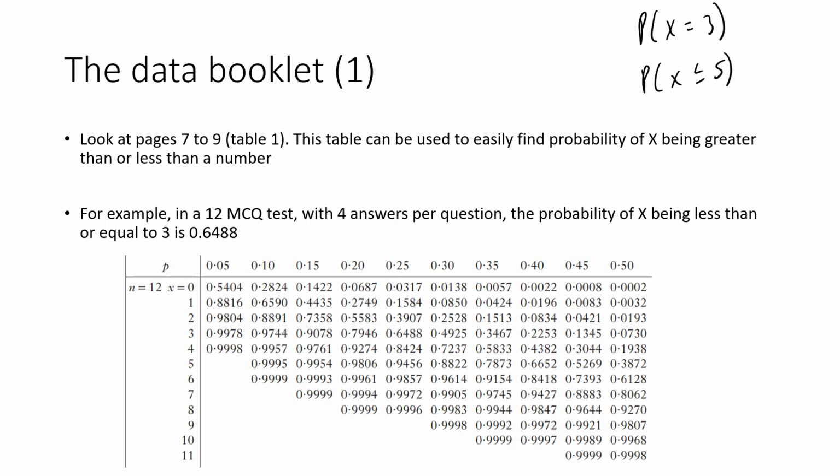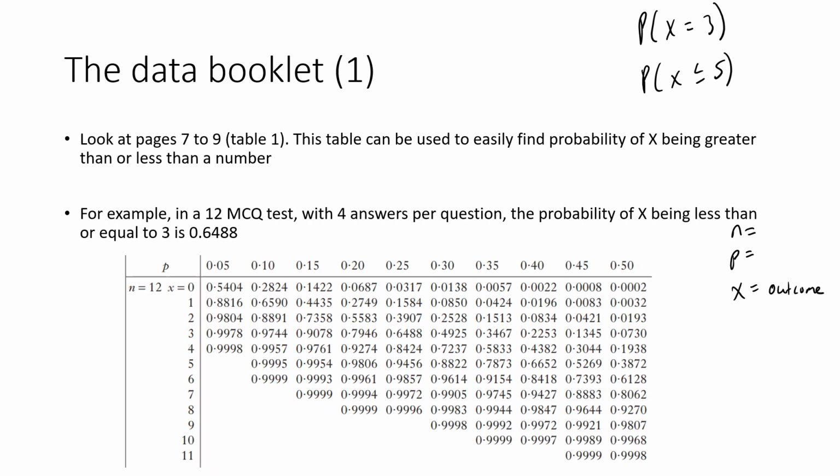So how do we use this? Well, we look at the 3 values: n, p, and x. N is the number of trials, p is the probability of success, and x is the outcome that we want.